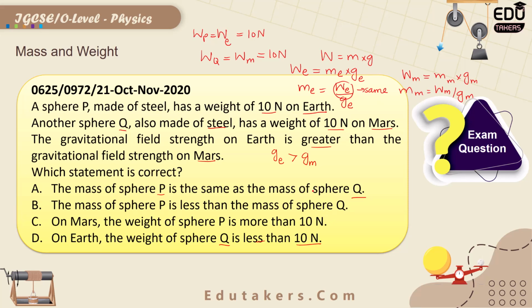So here the value of g on the Earth is larger. It means that when the value of g on the Earth is larger, the mass on the surface of Earth is smaller. What does this mean? On the surface of Earth, there is a sphere P. The mass of the sphere P is smaller.